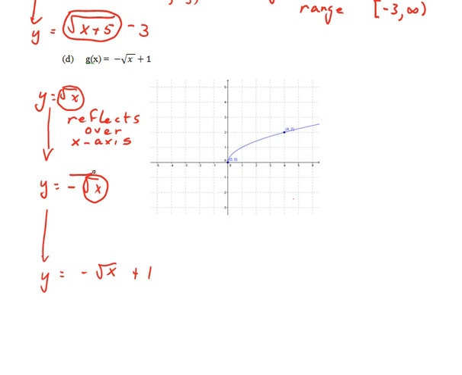In the second step, the opposite of the square root of x is intact, but 1 has been added. This is going to move that graph 1 up. So this time I'm going to start with the 4, 2, reflect it over the x-axis, and then move it up 1.